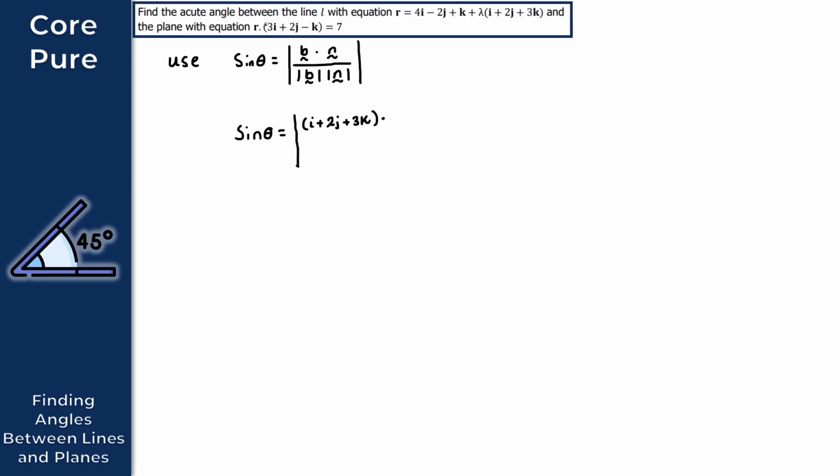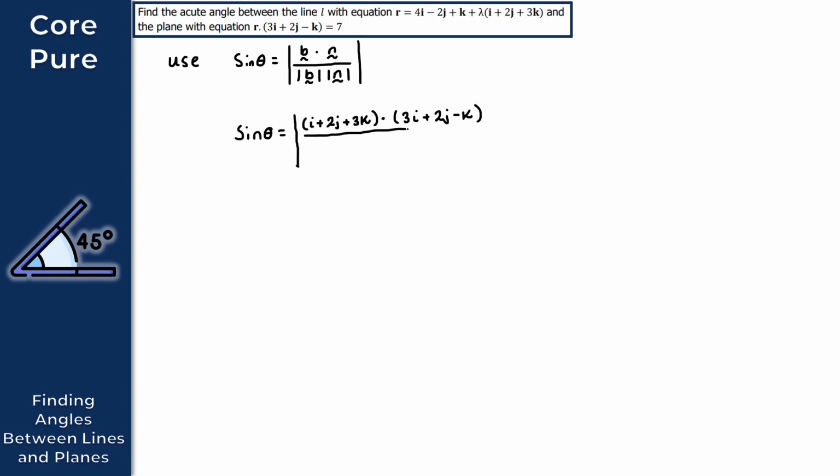This is r dot n equals k, so n is 3i plus 2j minus k.